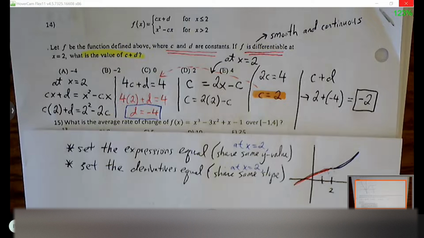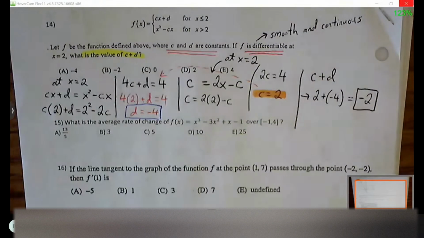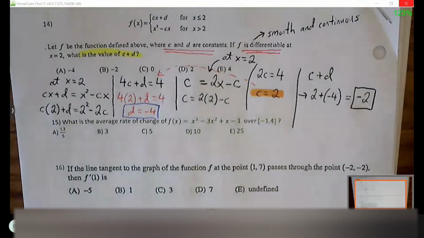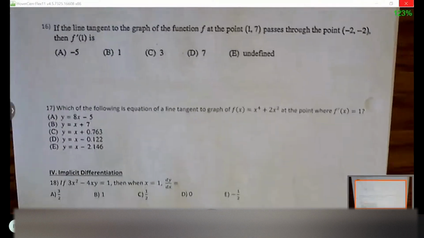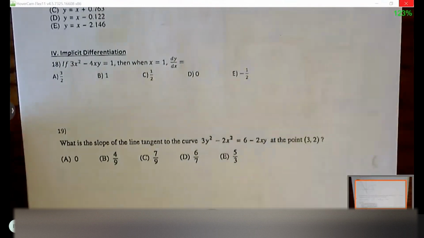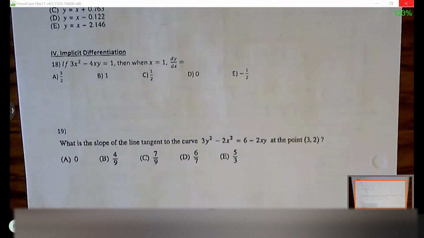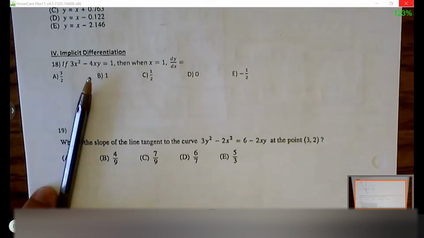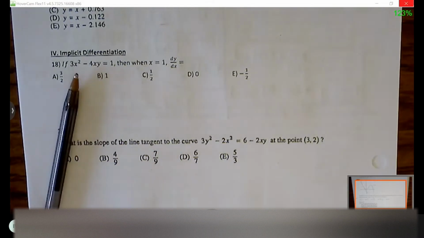I want to finish off this page with doing a review of implicit. So let's go to number 18. Okay, number 18. If 3x squared minus 4xy is equal to 1, then when x equals 1, dy/dx equals.